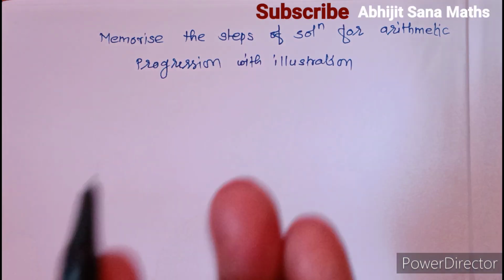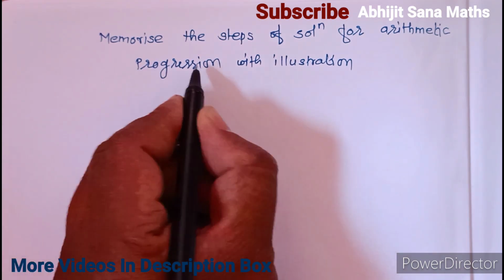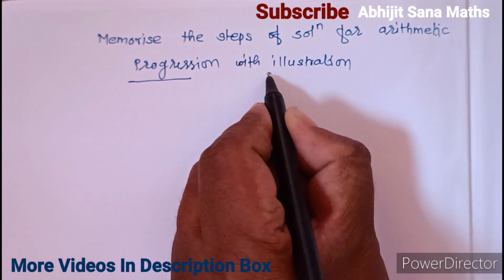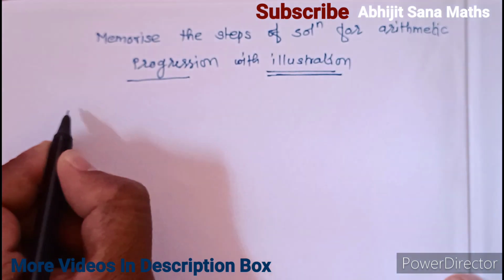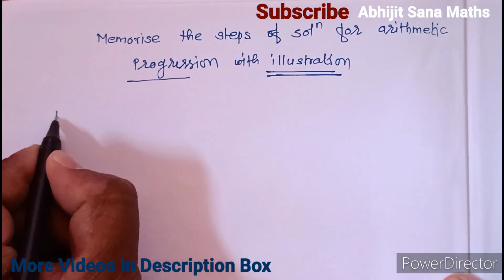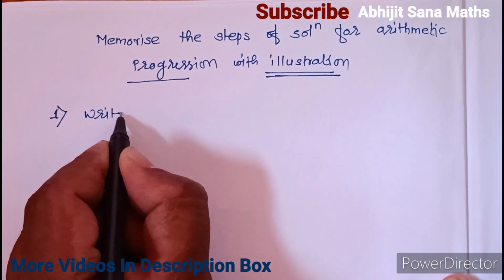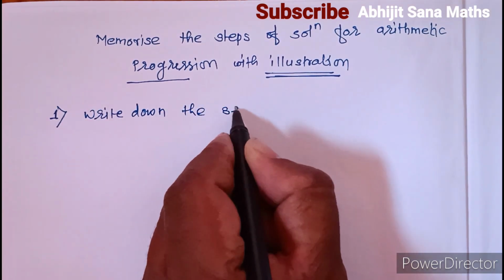In this video, we have to discuss how to solve and how to memorize the steps of solution for arithmetic progression with an example. When we solve a problem on arithmetic progression, write down the first step, that is write down the sequence.